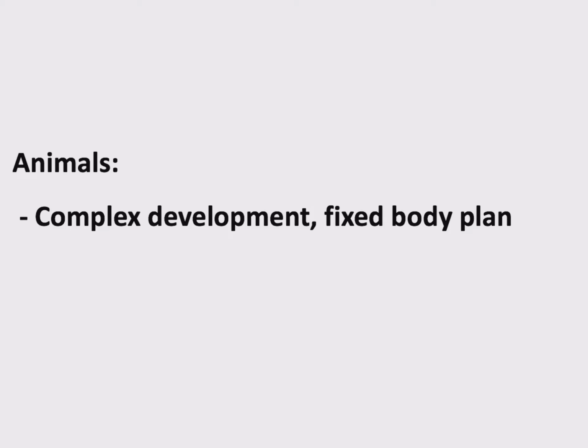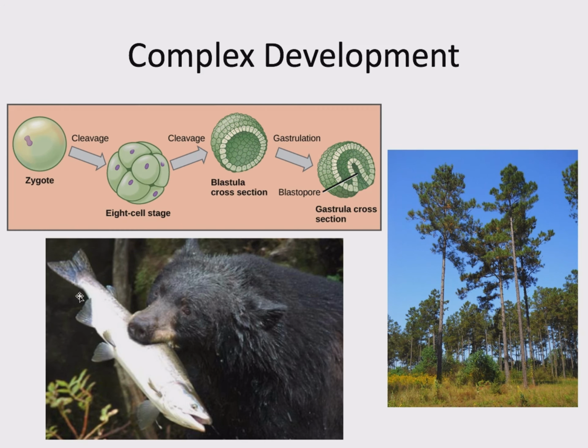Another distinguishing feature of animals as compared to fungi and plants is animals have complex development and a fixed body plan. So what I mean by this is the genetic program for the development of a black bear, for example, going back to this again, is very, very specific from the get-go, from a single cell all the way up to the adult form.